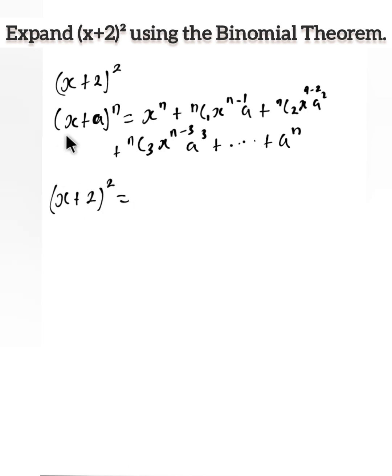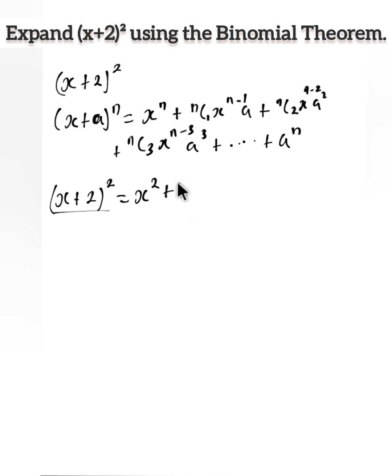Now when we compare this expression with this one, we have that x is x and a is 2, n is also 2. So we have that x^n will be x raised to the power 2, because n here is 2, plus n combination 1.